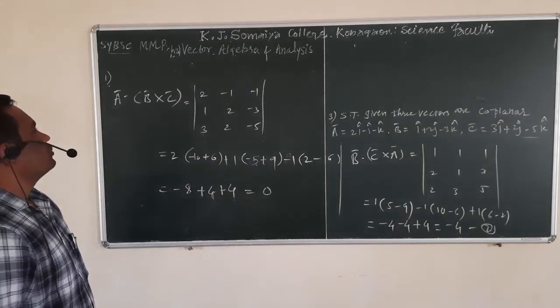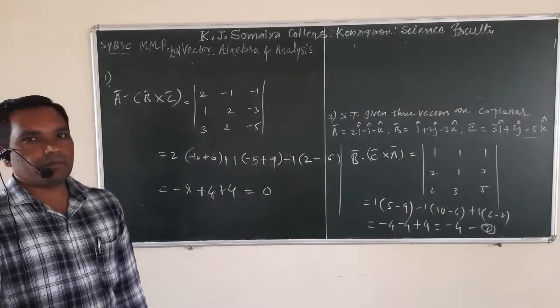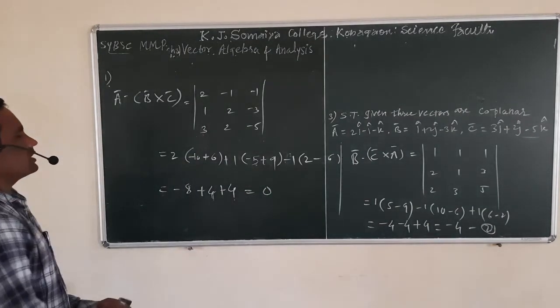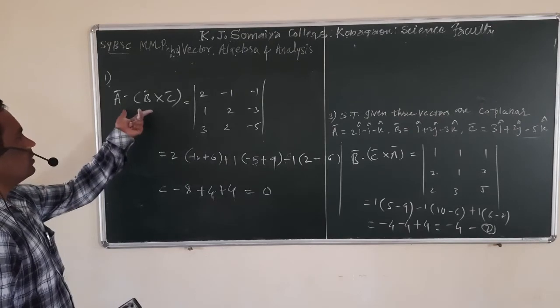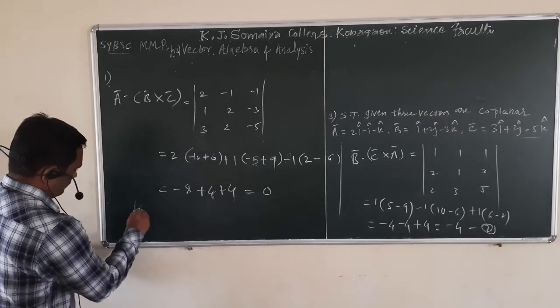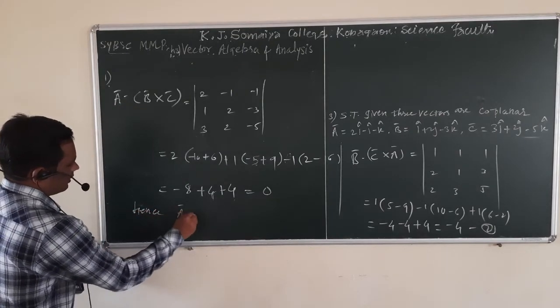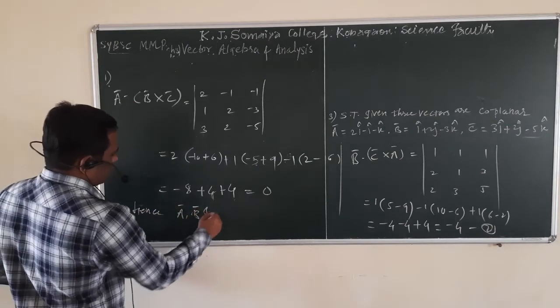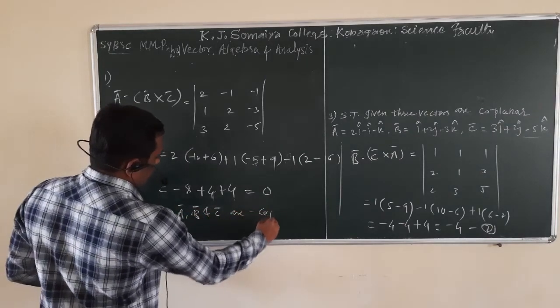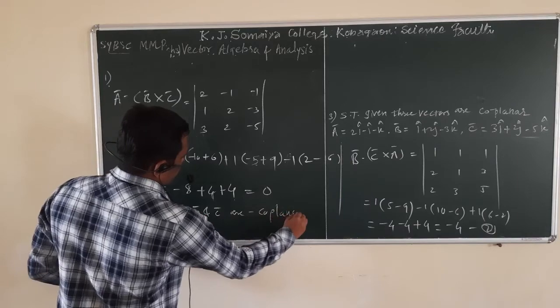Okay, so by property of scalar triple product, if scalar triple product is 0, then we can say vectors A, B and C are coplanar vectors.